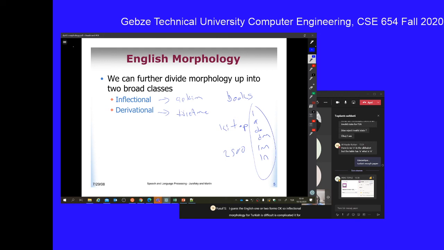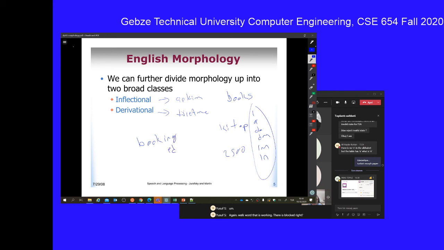For English, it is much easier. Derivational. When you come to derivational morphology, it is again difficult for Turkish, complicated for Turkish. For English, it is more difficult than the inflectional ones, and we are gonna see, especially for the verbs. When you have the verb, for example, book, there is booking, there is booked, right?